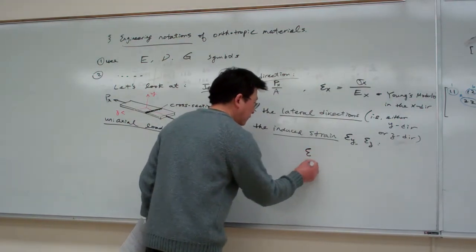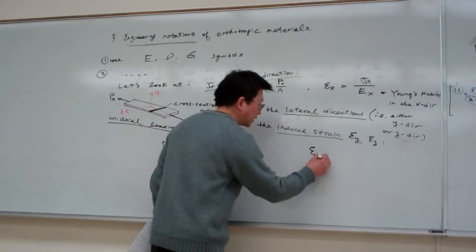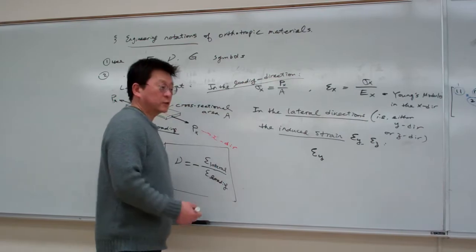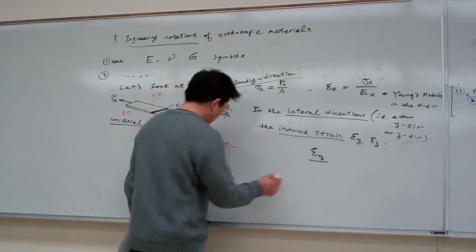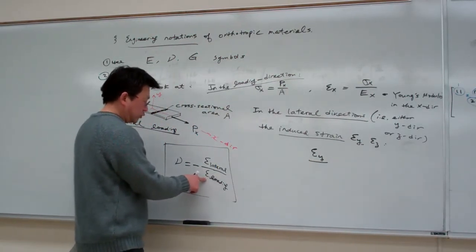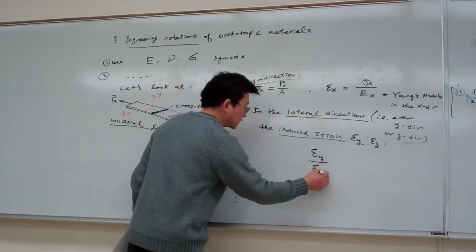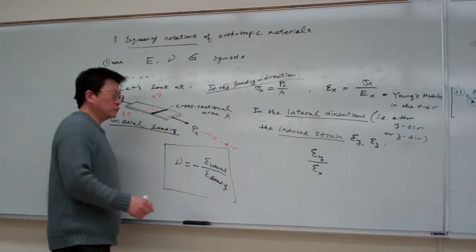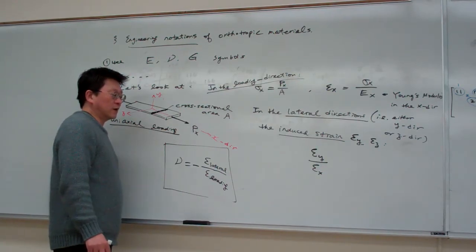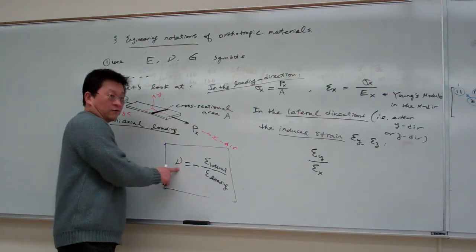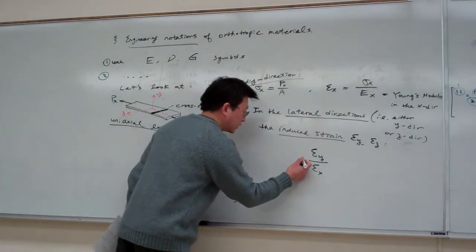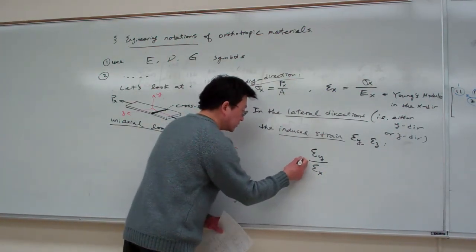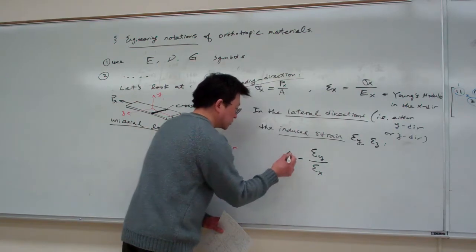So now we have the major quantities, epsilon y, that is the lateral strain, divided by the strain in the loading direction, for this case, in the x direction. Okay. So here to proceed, that's going to give us an estimation of the Poisson ratio. And this one, we put a minus, so basically this is our Poisson ratio.